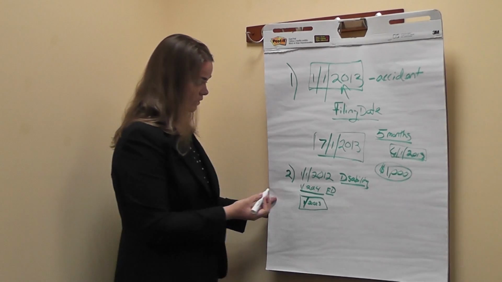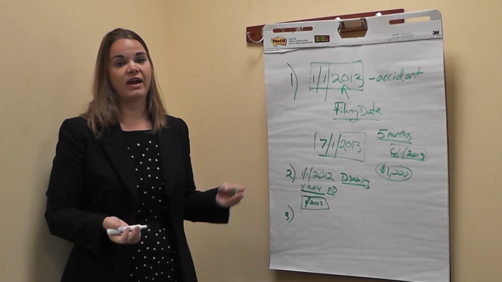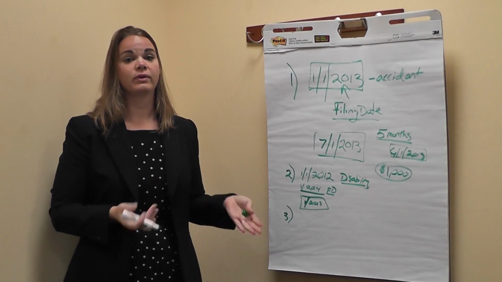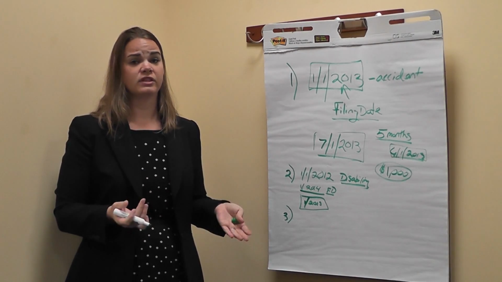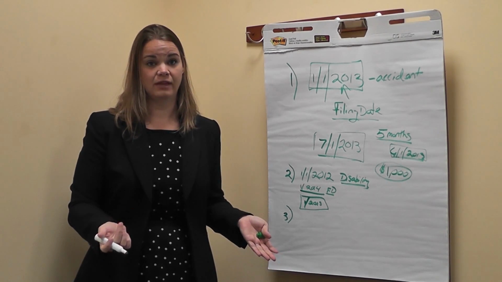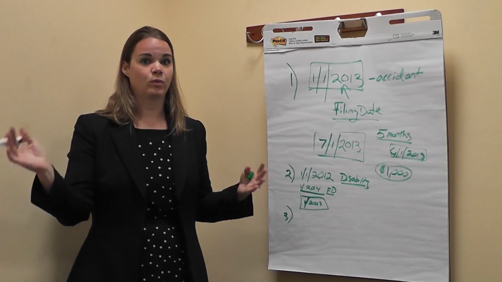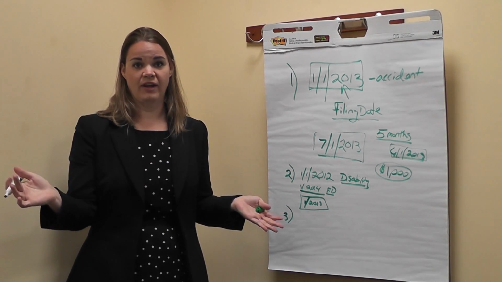So let's look at the third type of example where this would come into play. Your filing date is one time, but then you go to a hearing in front of a judge, and the judge doesn't agree that your disability date is what it is. So he amends your onset date, okay? Your onset date is amended way after your filing date.